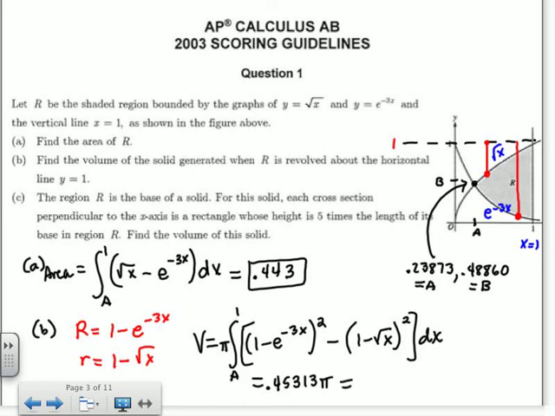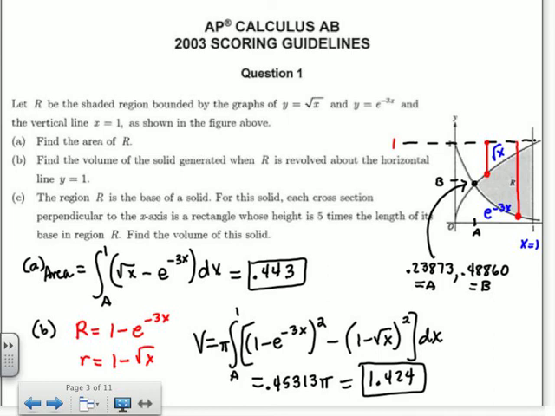Or when I multiply by pi, 1.4235, so I'm going to say 1.424. You could also have 1.423 if you just truncate. So that's your answer for part B.